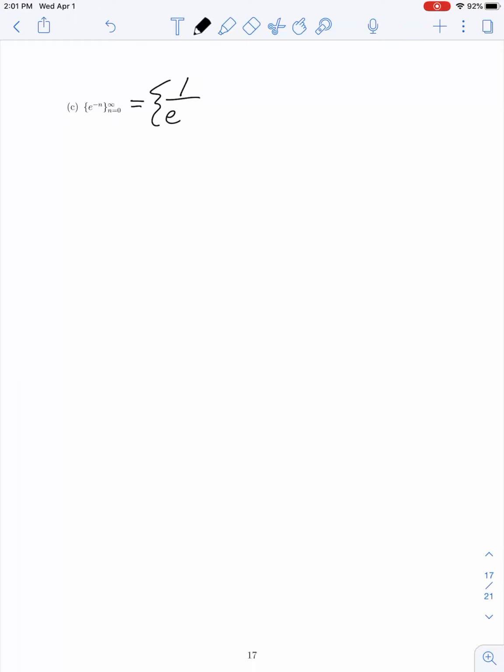Now in our next one, part C, we have e to the negative n from n equals 0 to infinity. And we could rewrite this as 1 over e to the positive n, where n goes from 0 to infinity.